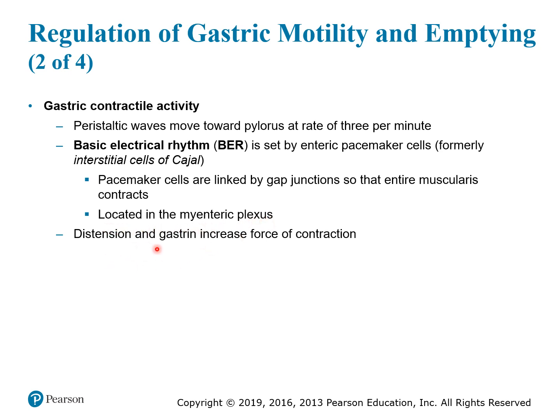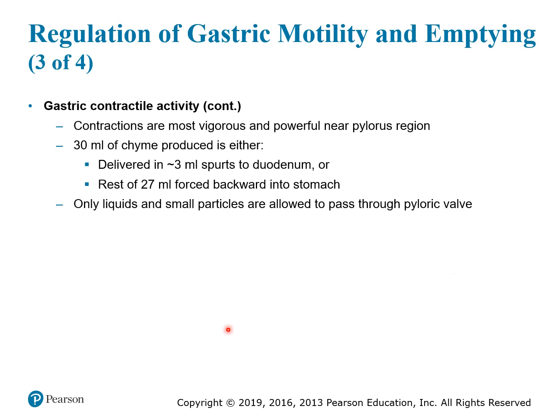And gastrin increases the force of contraction. So these contractions help to move the food slowly towards the pylorus while mixing it. Food is moving slowly because it is being churned and mixed. These contractions become more vigorous and powerful near the pylorus region.